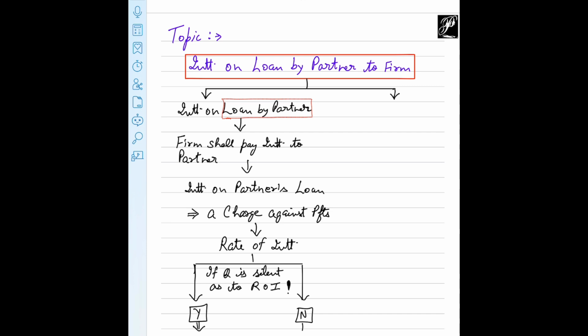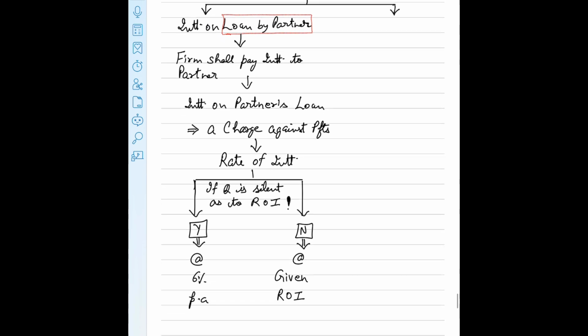If the question is not silent as to rate of interest, it shall be allowed at the given rate. Whatever rate has been given in the question, it shall be used to allow interest on loan to the partner.